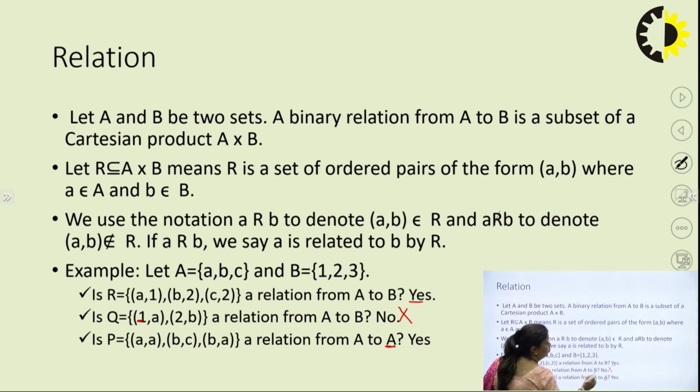Here we have changed: it is not from A to B, it is asking whether it is a relation from A to A. That means we are making use of only set A. The first component will belong to set A and the second component will also belong to set A. The first element, (a, a), has both components belonging to set A. Coming to the second element, b belongs to set A and c also belongs to set A, so this is also okay. Third element, (b, a): both are elements from set A. So, yes, P is a relation from set A to A. This is how we can define a relation.